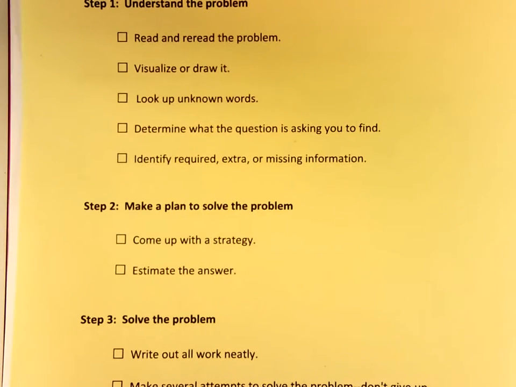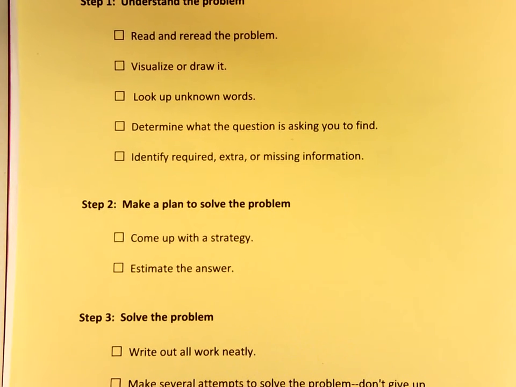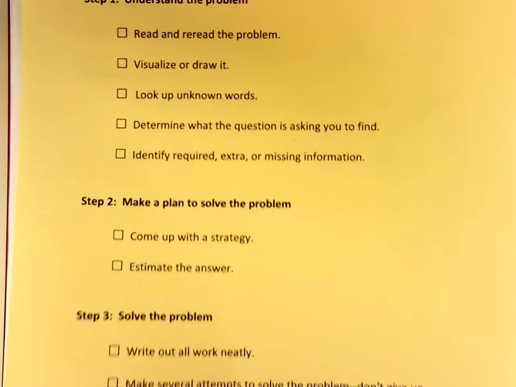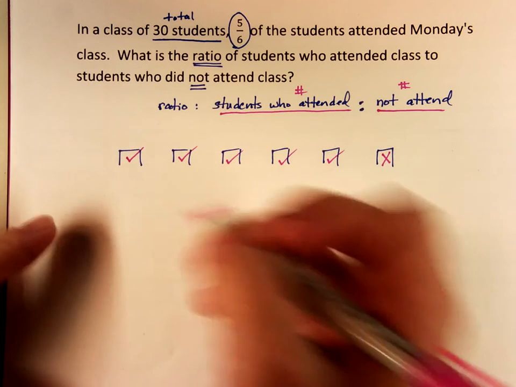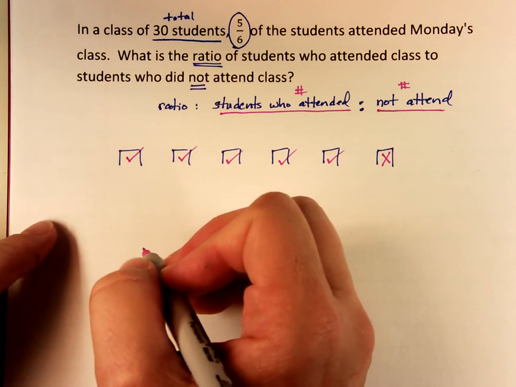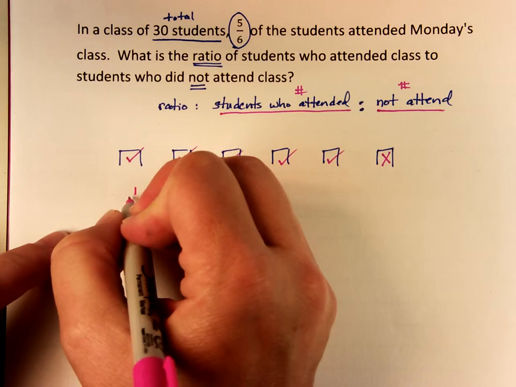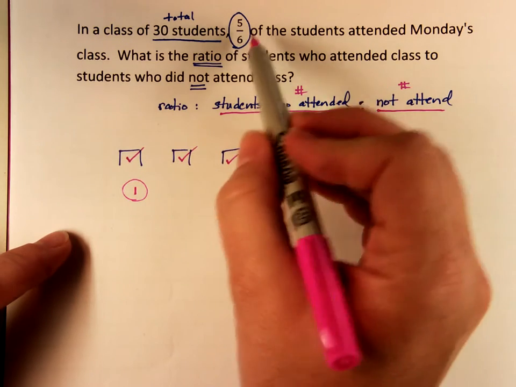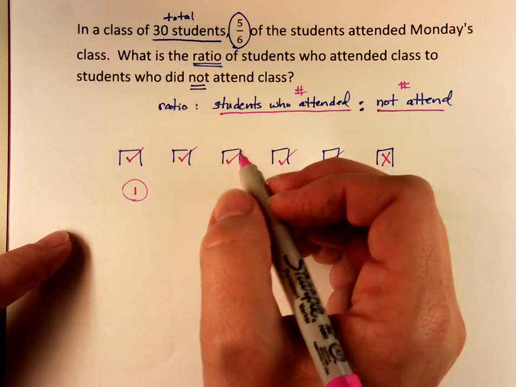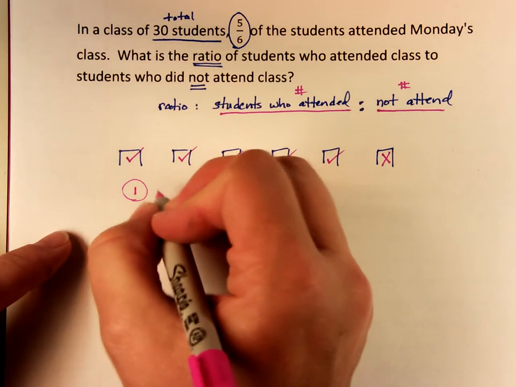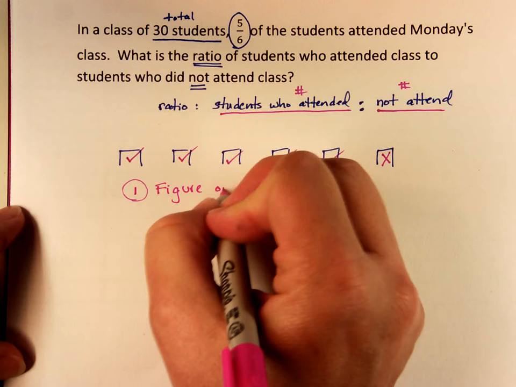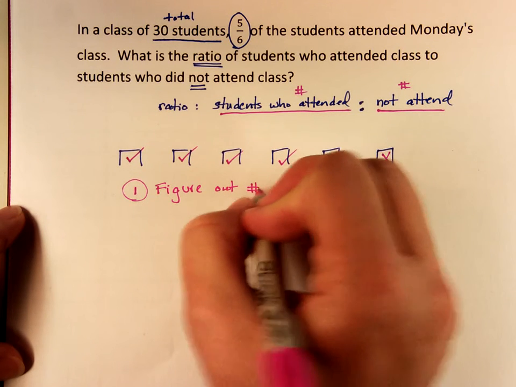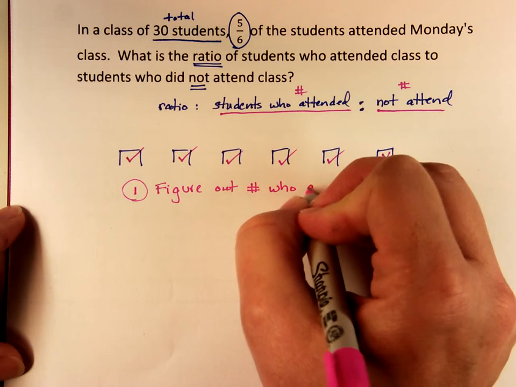Step number 2, make a plan to solve the problem, come up with a strategy, and estimate the answer. My plan to solve this problem is going to be first to figure out how many students attended. I'm going to have to work with this fraction here. So step 1, figure out the exact number who attended.